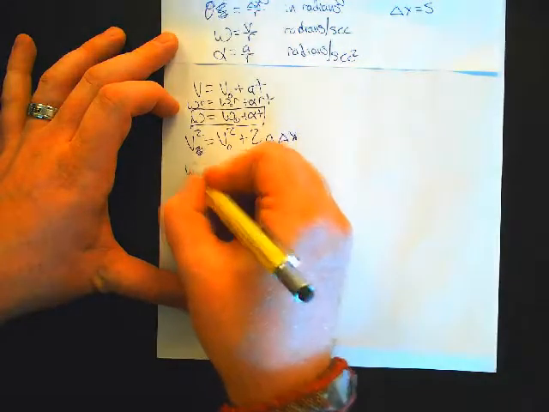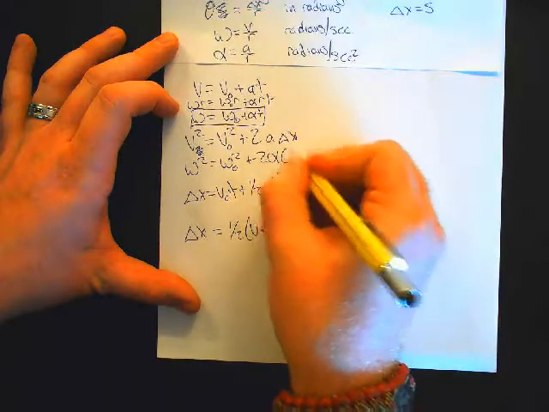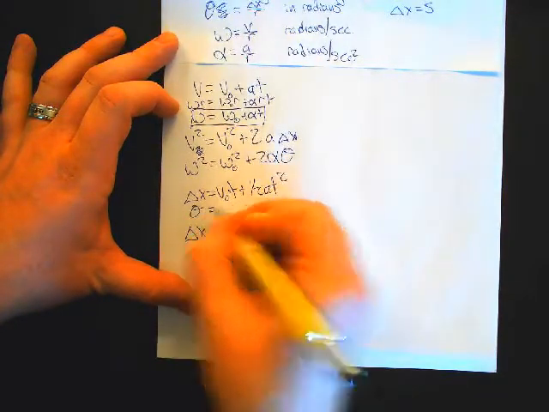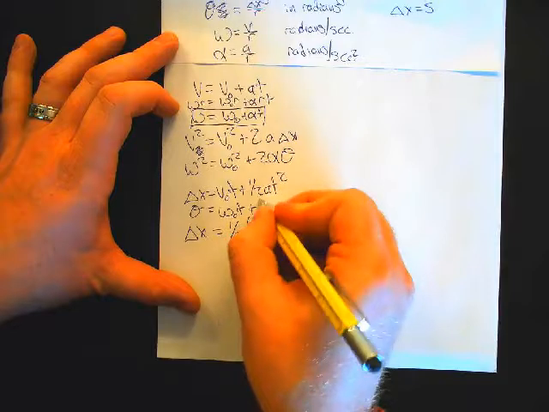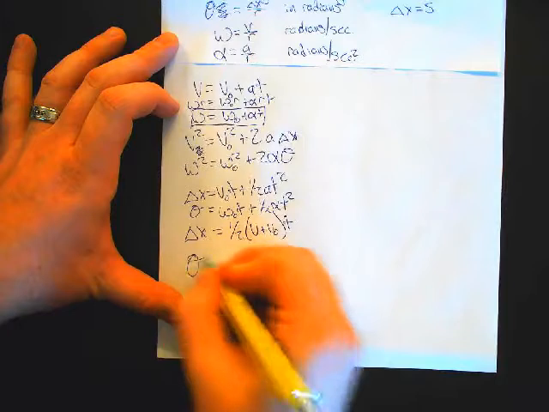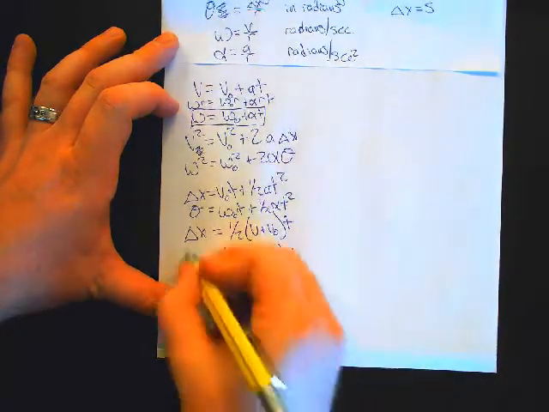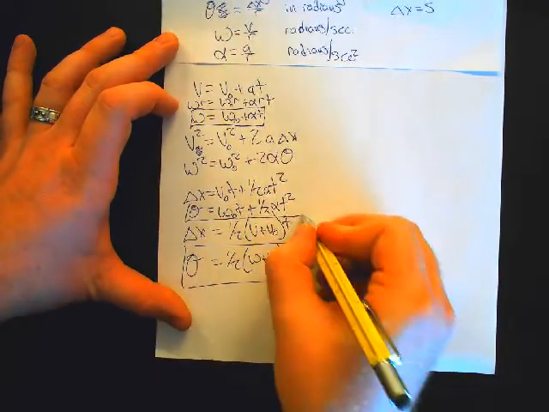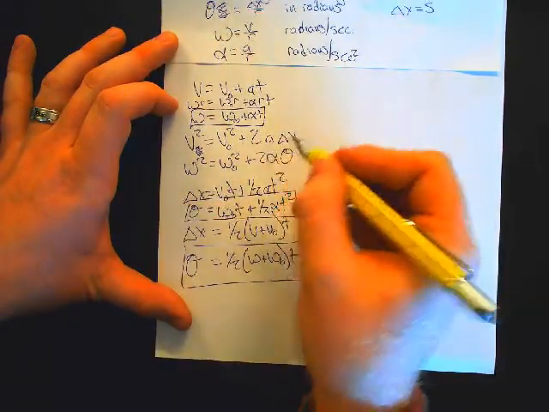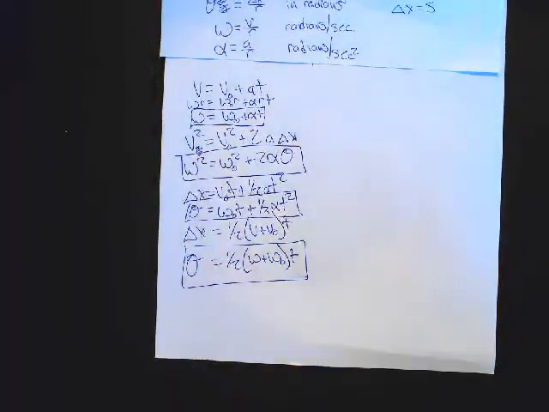So I get omega squared equals omega naught squared plus 2 alpha theta. I get theta equals omega naught t plus half alpha t squared. And I get theta equals half omega plus omega naught, times t. Go ahead, Habiba. Yeah.